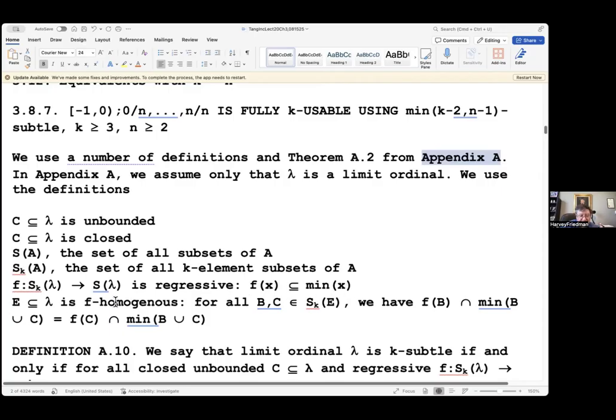Now, F homogeneous means if I have B and C in S^k, then F of B intersect min of B union C equals F of C. So it means that F of B and F of C agree on their lower part. See how that works. So these are the official definitions.